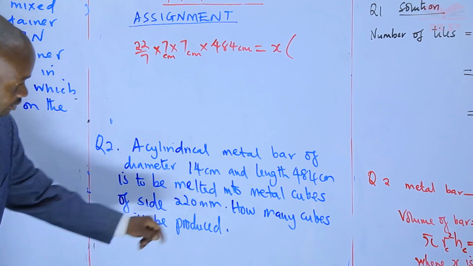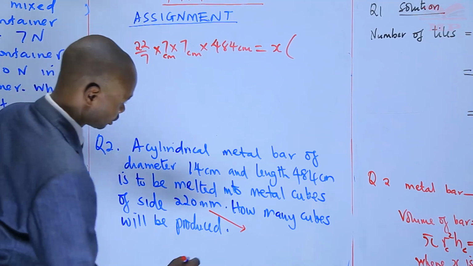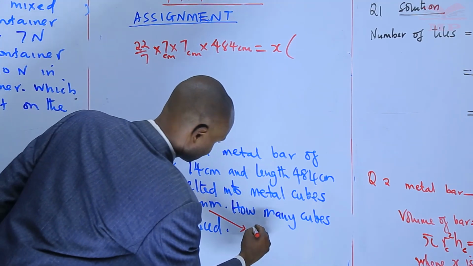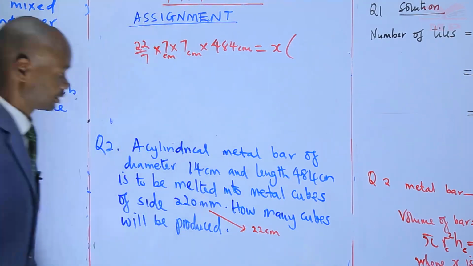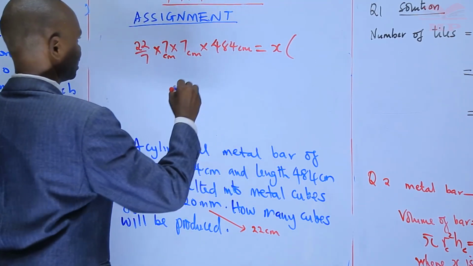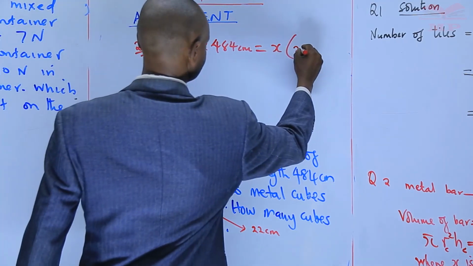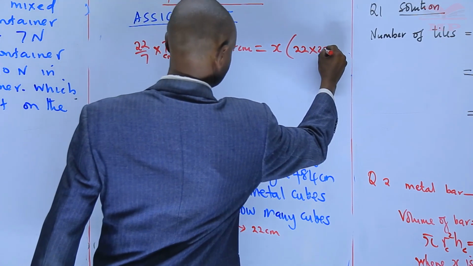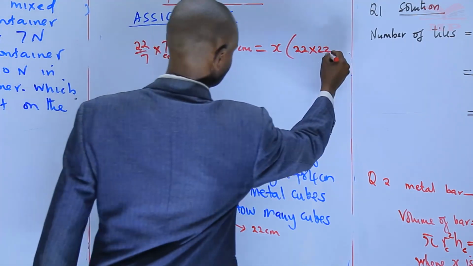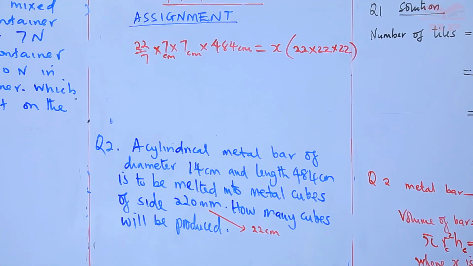This is 220 millimeters, so you can change it to 22 centimeters, times 22 times 22. So we want to find X, where X is the number of cubes. So 7 will cancel with 7.